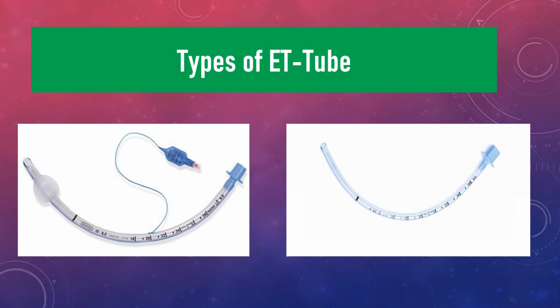So next is types of ET tube. What are the types of ET tube? So ET tube is divided into two main types. First is the cuffed tube, and another one is the uncuffed tube.